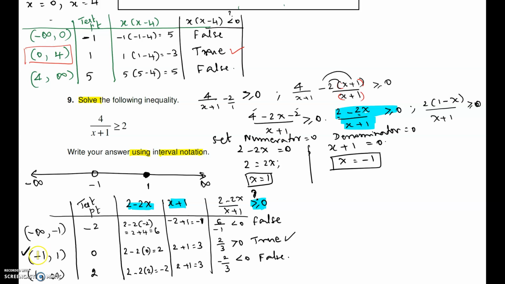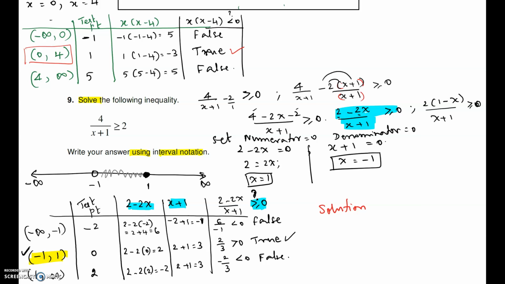Along the number line, if you graph it, this is the interval where the inequality is true.